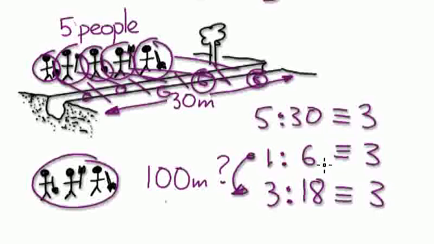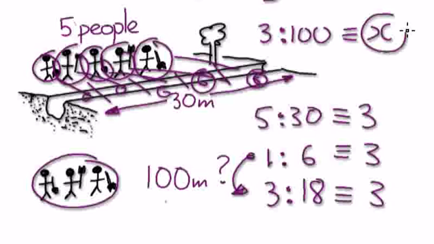If one person can dig 6 meters in 3 days, then 3 people can dig 18 meters in 3 days. Now we are getting close to our aim. Remember, our aim is 100, because we want to know how long it takes to be able to dig 100 meters. Well, this is our X. We want to know the time here. Okay. Now you can see that this is 3. This is 3, so we are getting close now.